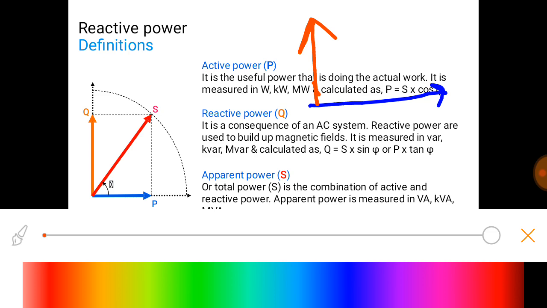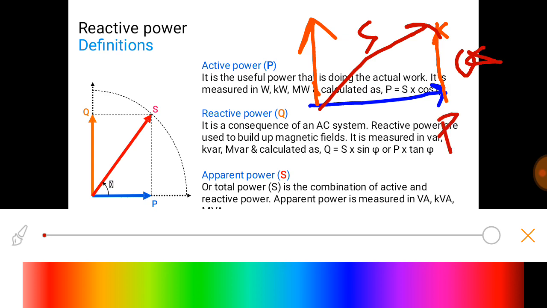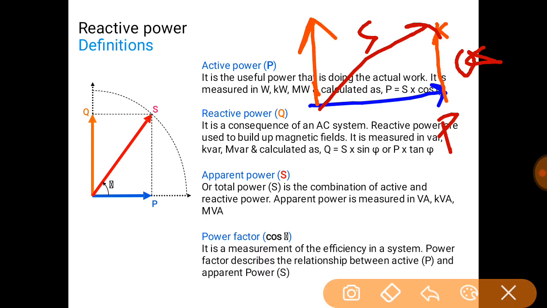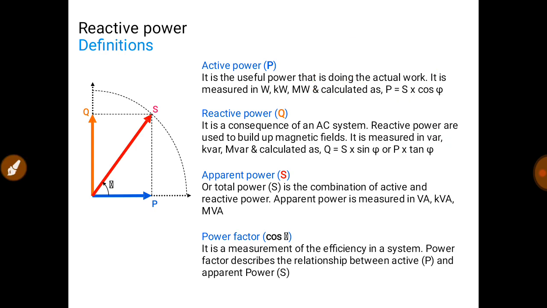This vector is placed here, then we form S. Here is the imaginary part Q, this is P, the active part. This makes a triangle where S is the resultant and P and Q are the components on the horizontal and vertical axis. Then we move to the next slide.